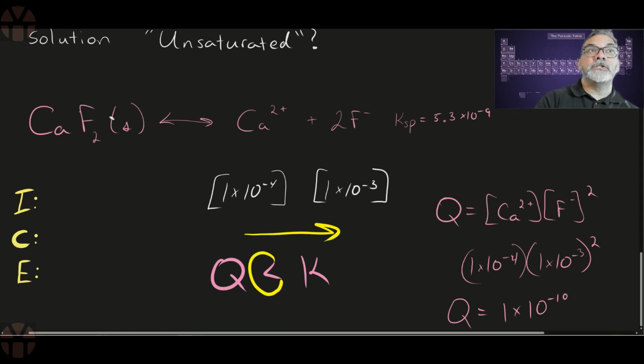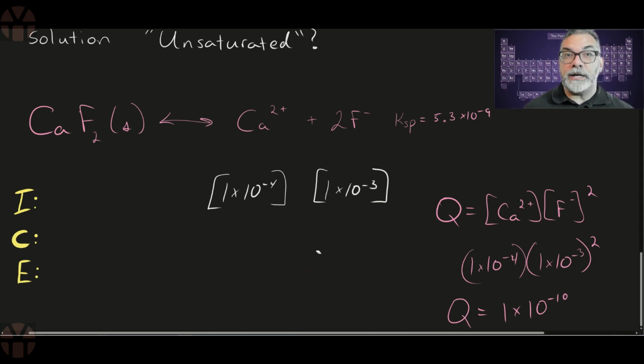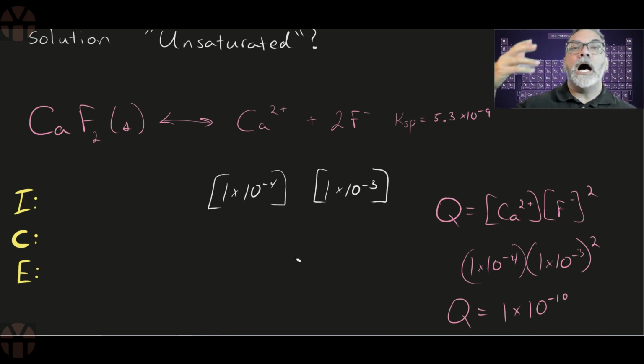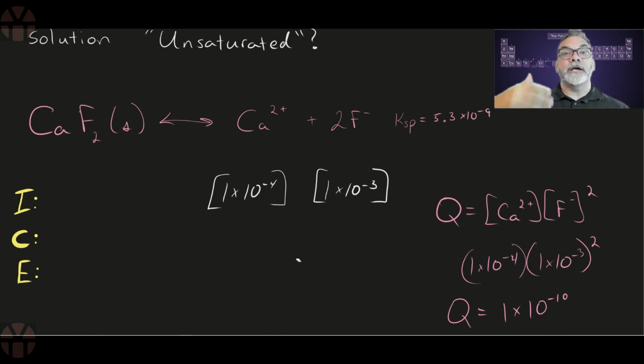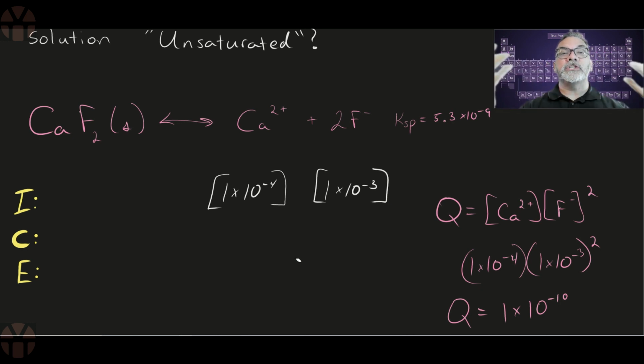Has this solution been saturated? And the answer is no. Currently, at this moment, the solution remains unsaturated. There are still some ions that could be added, and they would still be able to dissociate in my solution. Does that mean I have a lot of wiggle room left? The answer is no, not really.